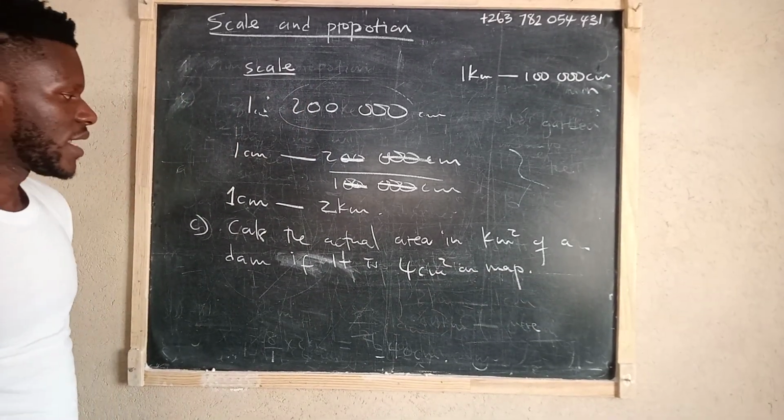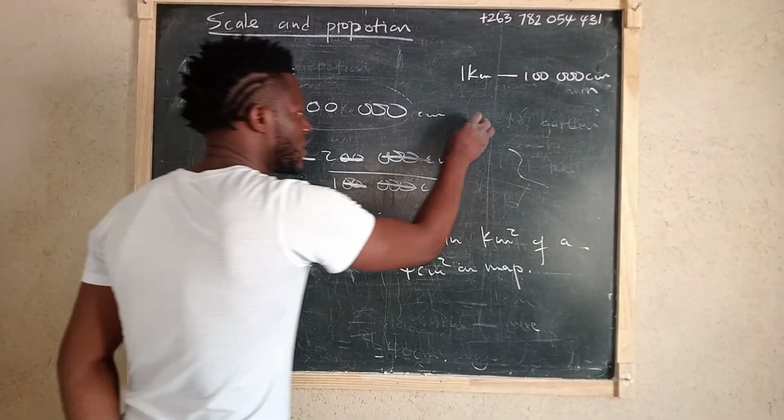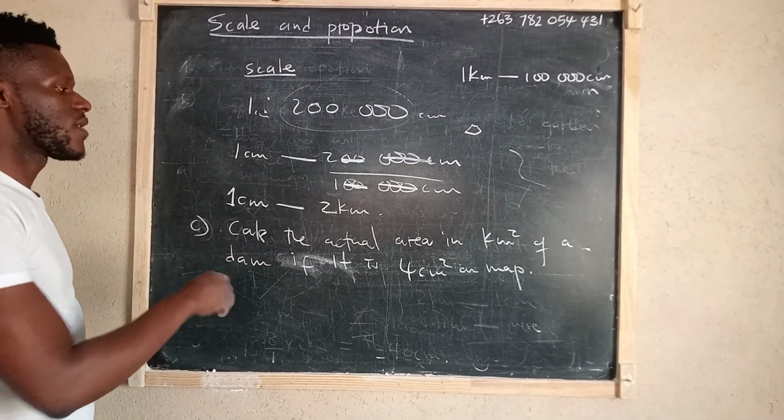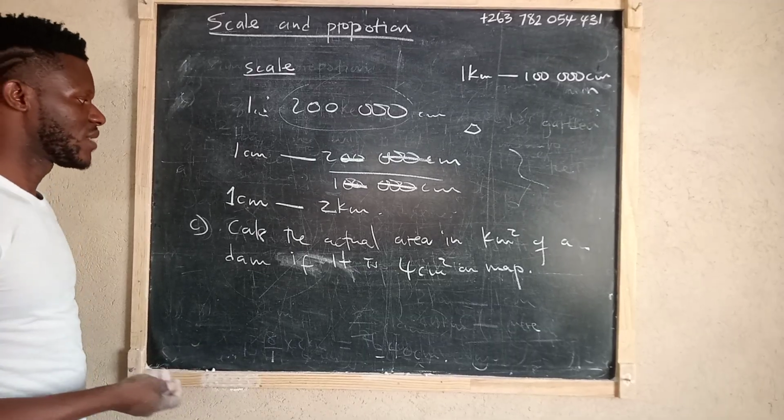On the map, a dam is 4 square centimeters wide. How about on the actual ground in kilometers?